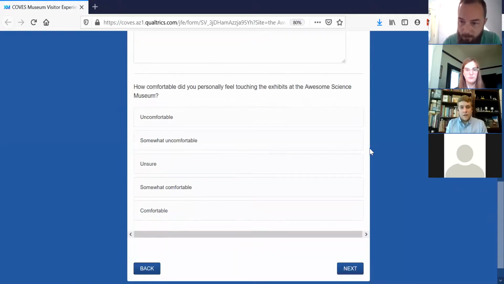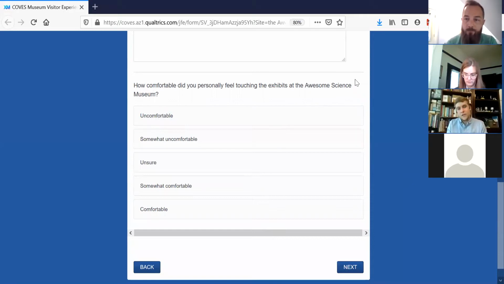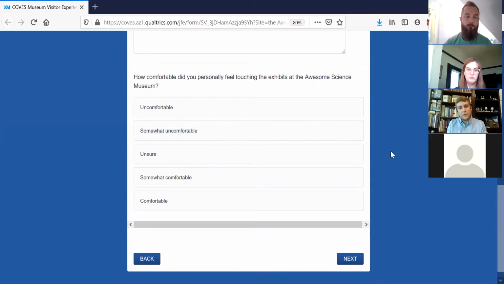And then the other category of question here, which we heard from our Aztec contacts was really important, is visitors' level of comfort around touching or interacting with exhibits at the museum. A lot of museums have different levels of touchableness and hands-on interactiveness in the first place, but now are also planning to return to different levels of that.